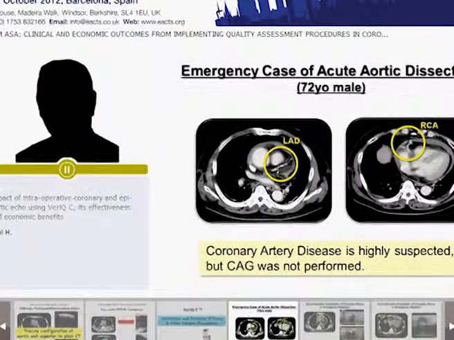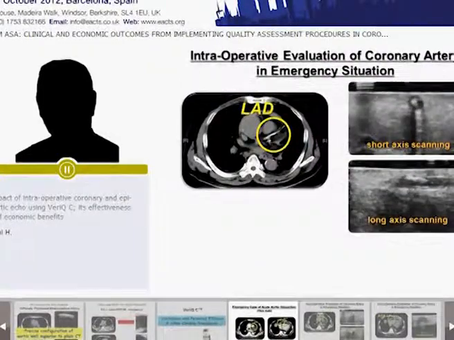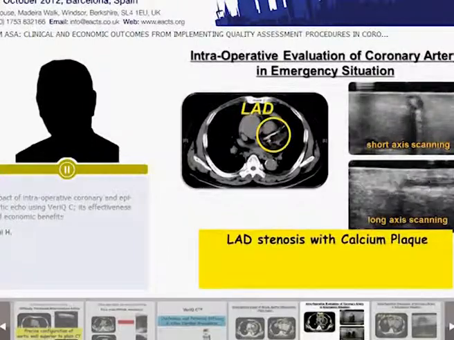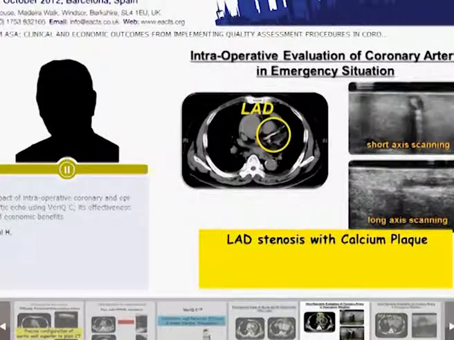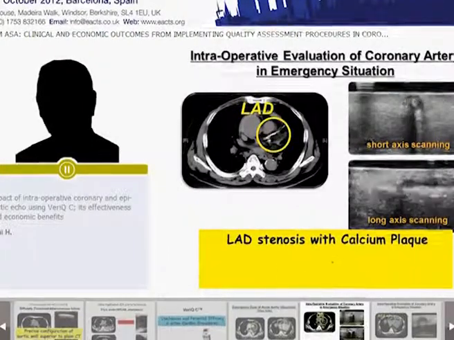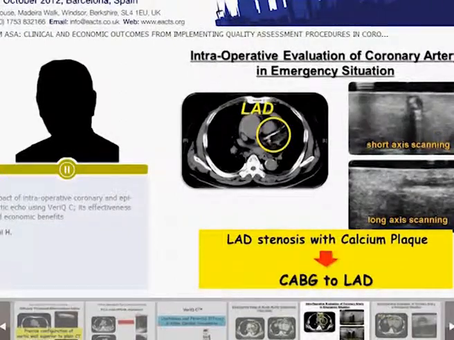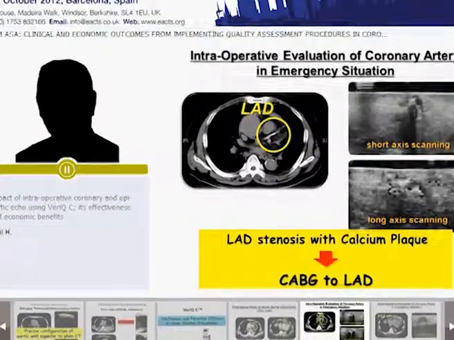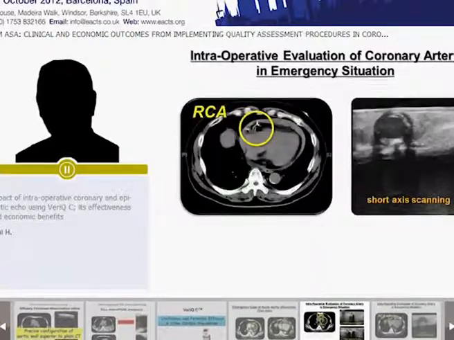But because this case was an emergency, we didn't perform a coronary angiogram. So during the operation, I scanned it. Then I found a stenotic lesion in the LAD with calcium plaque. So I put a CABG to the LAD.